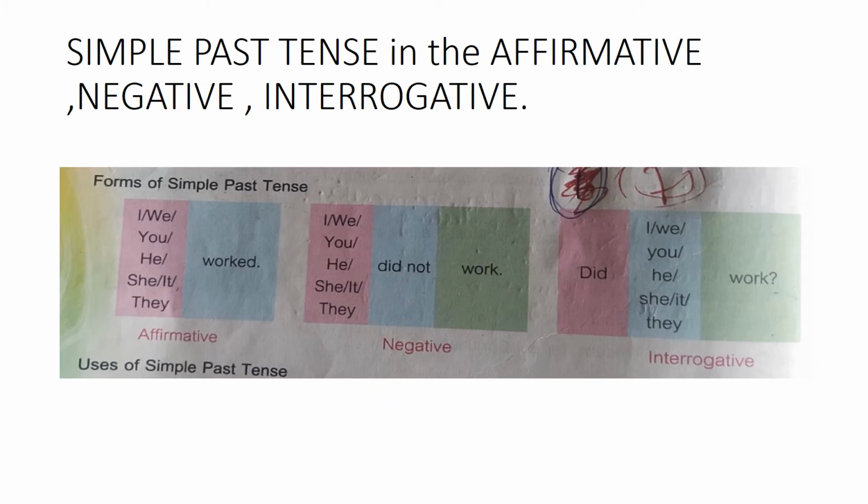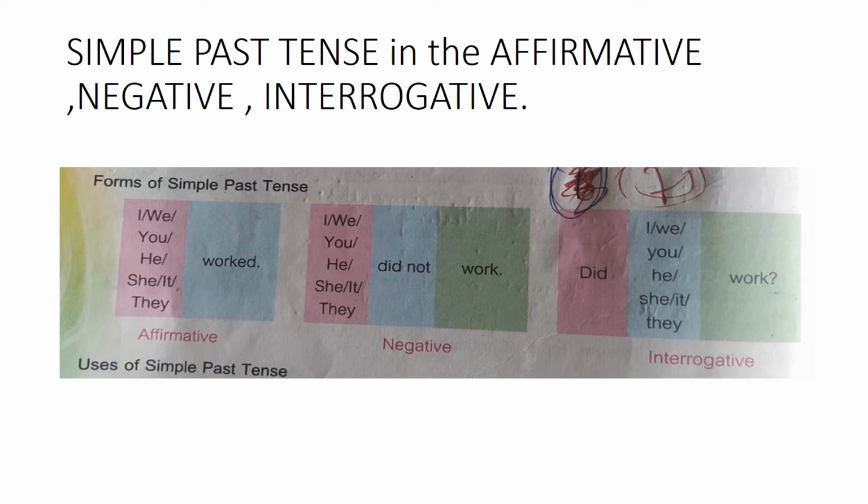Students, simple past tense expresses an action that took place at some point in the past. It has four groups: simple past, past continuous, past perfect, and past perfect continuous tense. Let's learn each separately. The above table focuses on forms of simple past tense in affirmative.